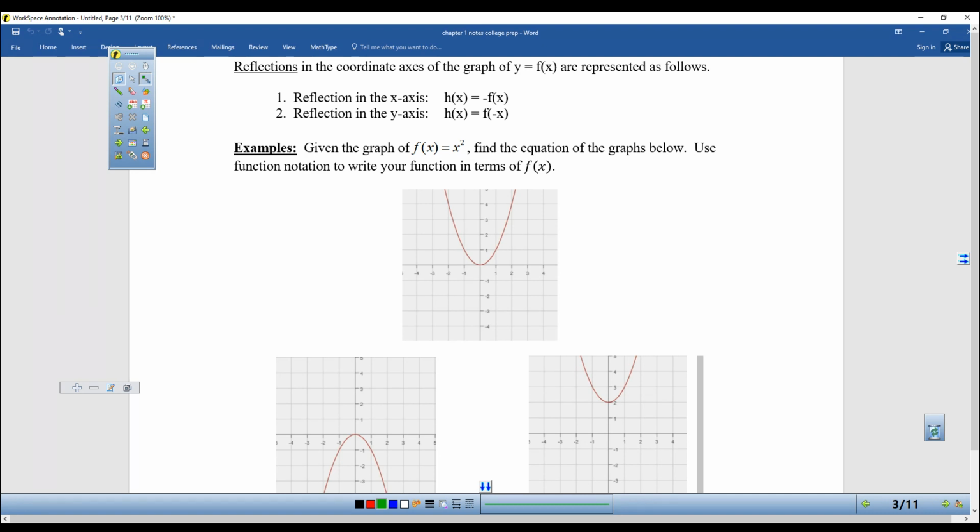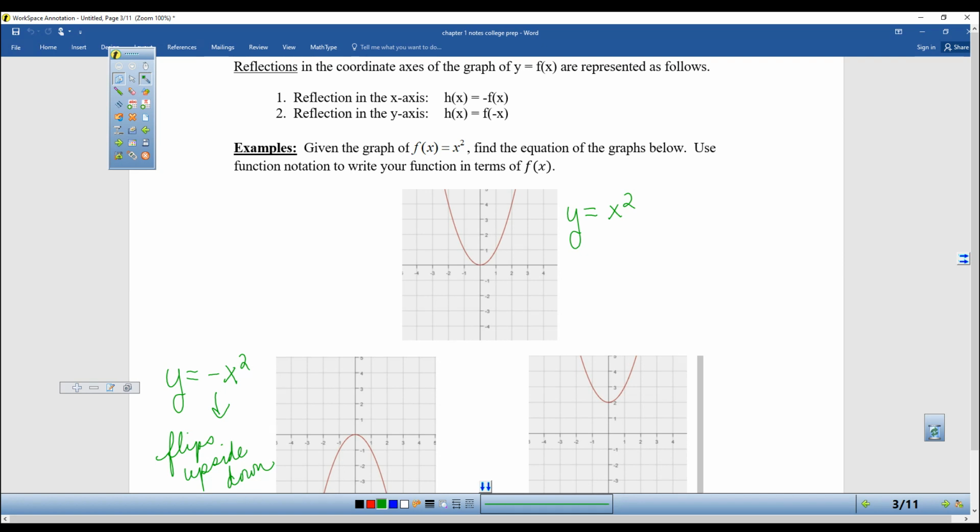So you guys have actually been doing this for a long time, so I'm going to give you an example that you can probably relate to. This is the graph of y is equal to x squared. So if you put a negative in front of it, it flips it upside down.